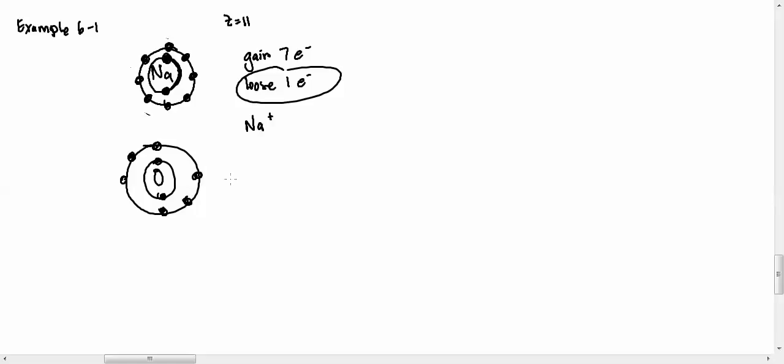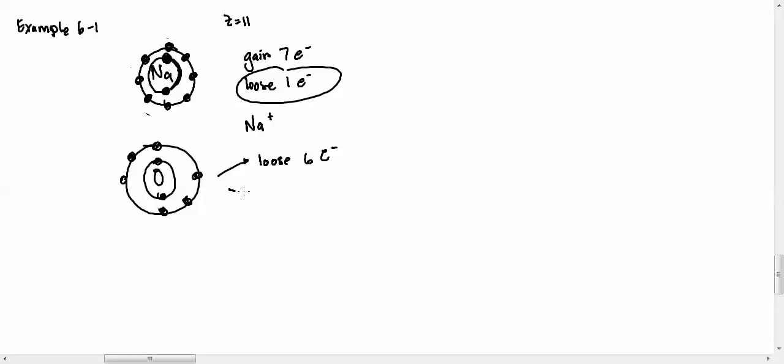Now oxygen can do one of 2 things. He can lose 6 electrons. See? If he got rid of those 6 electrons, his new outermost shell won't have 8 per se, but it will be full because remember that first ring only holds 2.